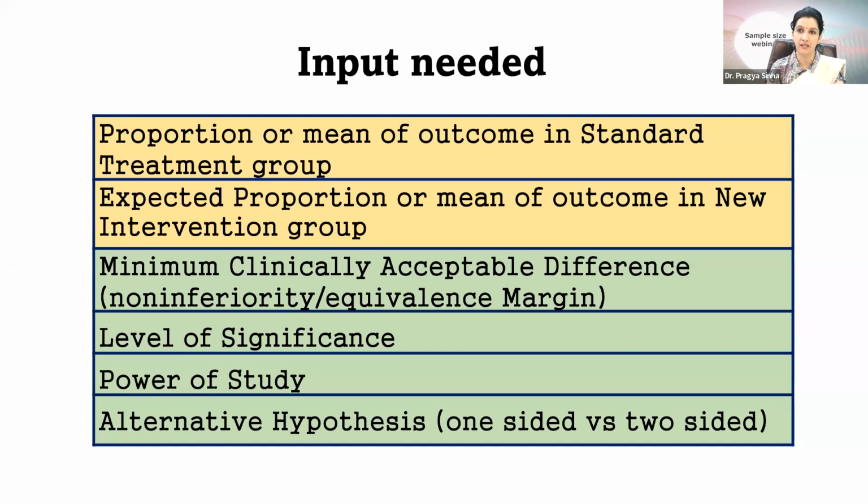Then we set the level of significance, then we set the power, and then we set the alternative hypothesis. Generally, in the case of non-inferiority and superiority, the alternative hypothesis will always be one-sided, because you are considering that it will be non-inferior, and in superiority you are considering that it will be superior. In the case of an equivalence trial, you set it as a two-sided hypothesis.